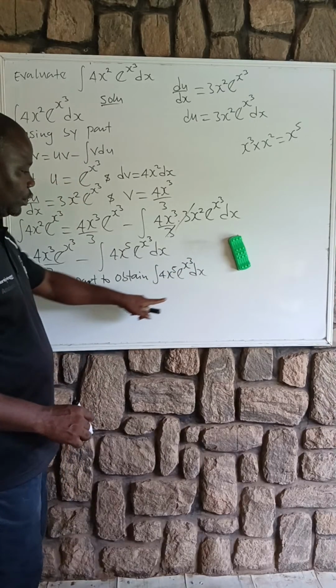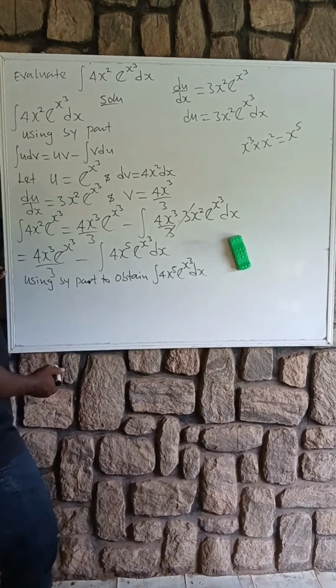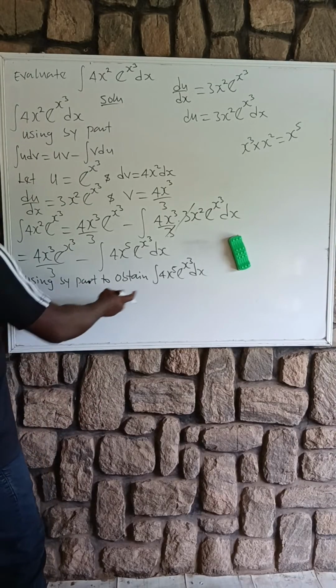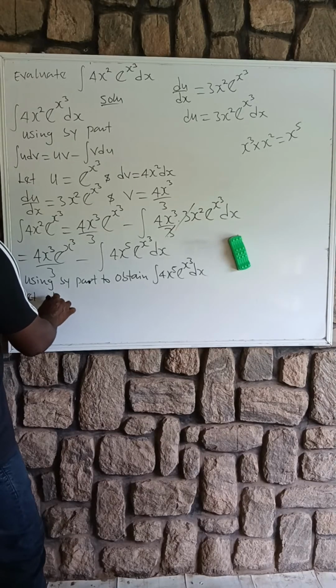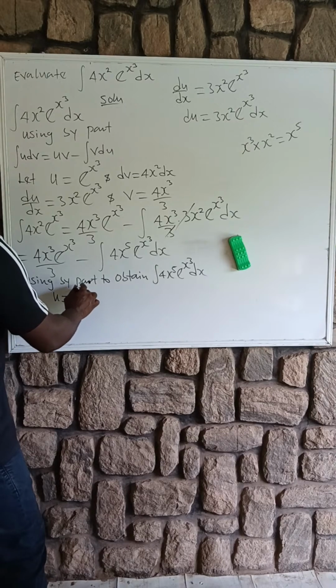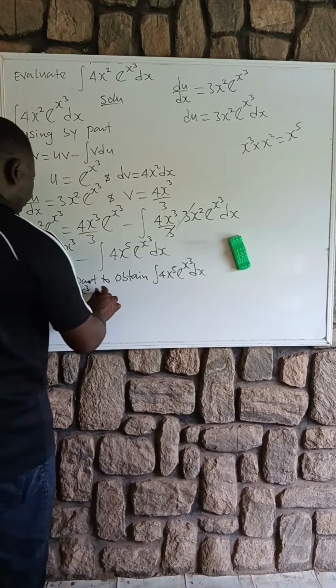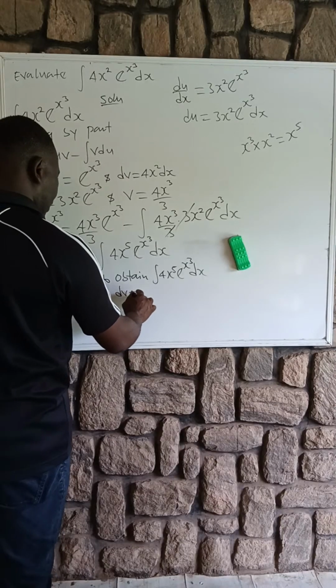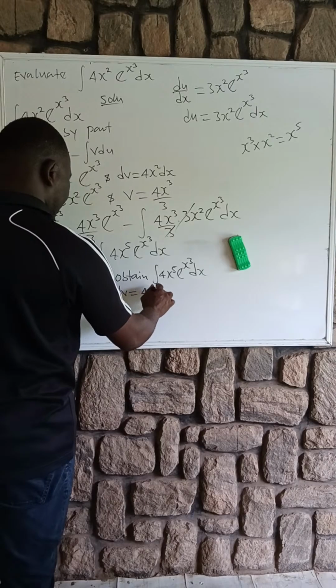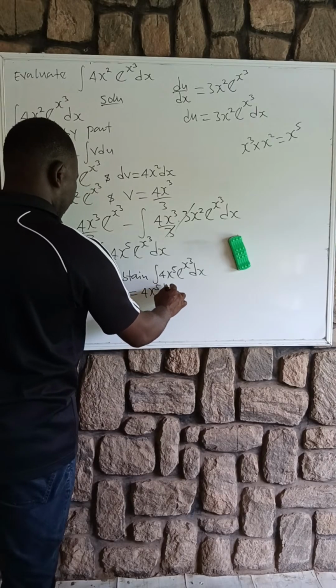So look at it here. What we need to do is let u be equal to exponential x raised to the power 3, and v equals 4x cubed dx.